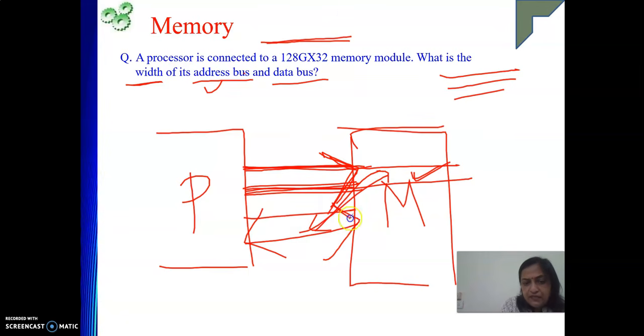So this data bus direction is bidirectional. Both way communication is possible, but address is unidirectional from processor to memory, right? So now they are asking us what is the number of wires present in this address bus and what is the number of wires required in the data bus. So how to do it? Next we need to think.